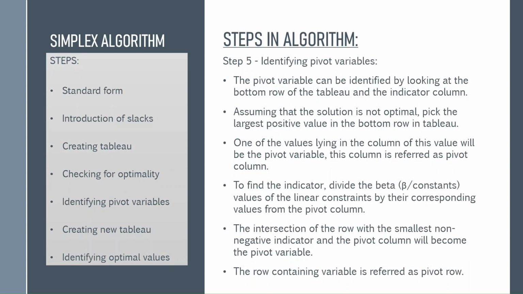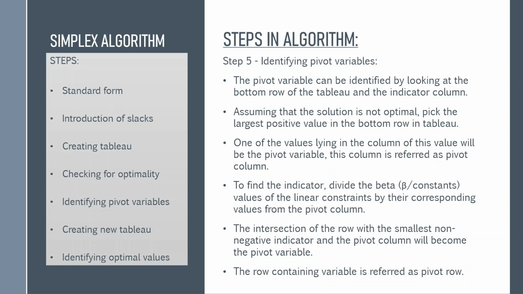The pivot variable can be identified by looking at the bottom of the table to indicate a column. Assuming that the solution is not optimal, pick the largest value at the bottom of the table. One of the values lying in the column of this largest value will be the pivot variable. This column is referred to as the pivot column.